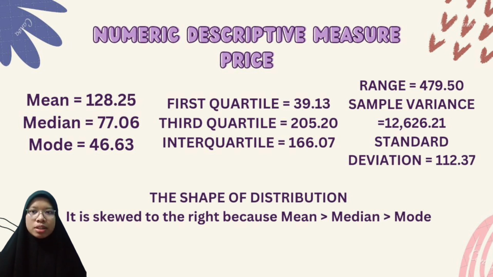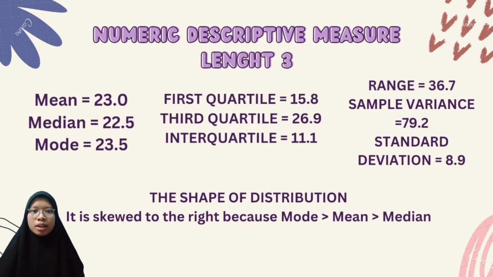The sample variance is then equal to 12,626.21, and the sample standard deviation, which is equal to the square root of the variance, is 112.37. And for the final component, the distribution's form, we conclude that it is skewed to the right because the mean is higher than both the median and the mode.